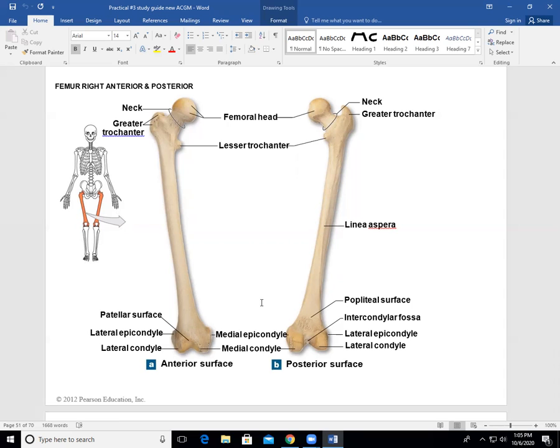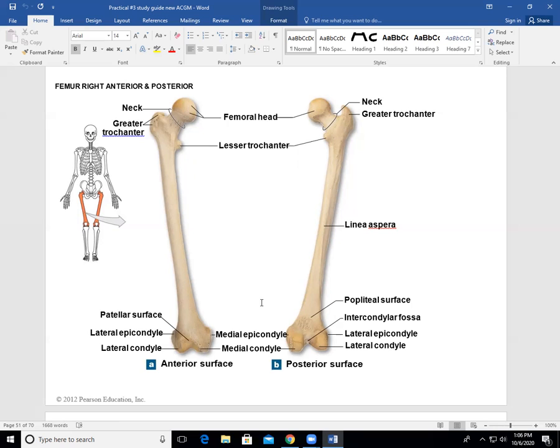Your lateral epicondyle. On the inside or medial side, you have a medial epicondyle. So they're a little bit more superior than the condyles. Condyles are more distal, okay? Epicondyles are more proximal. Lateral condyle, medial condyle.